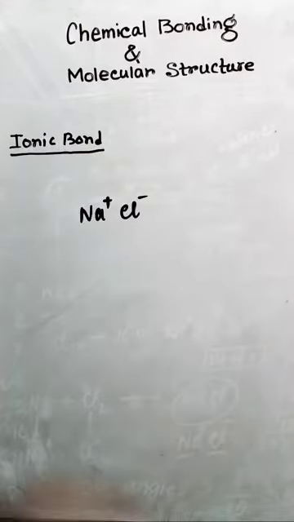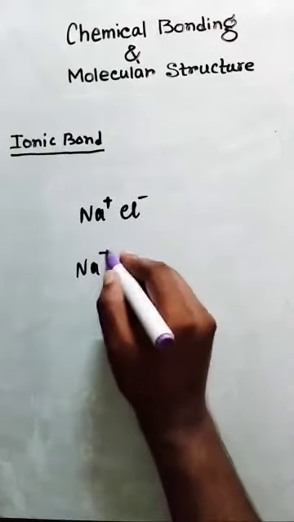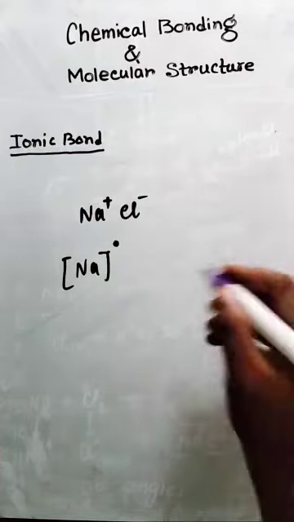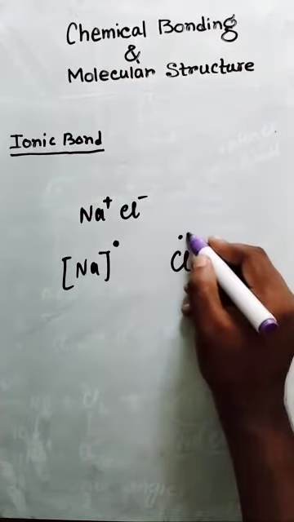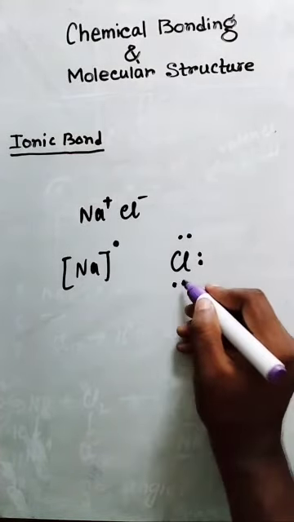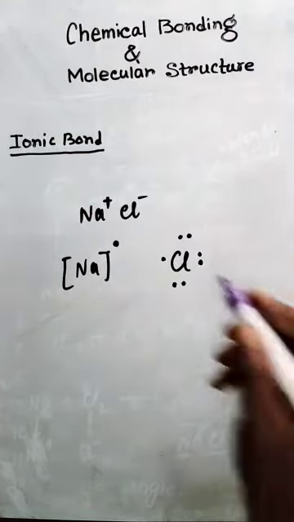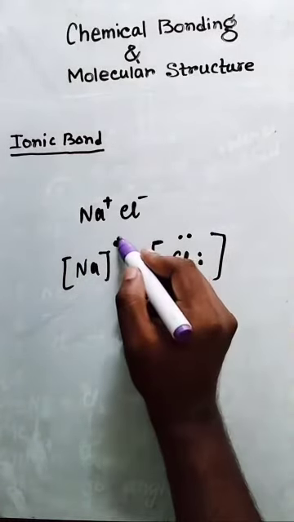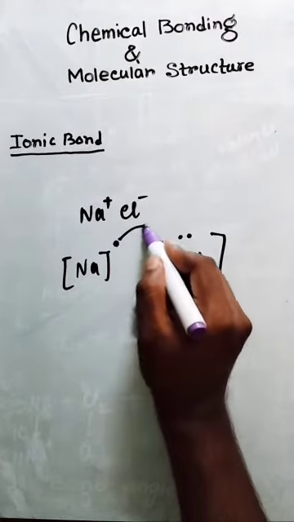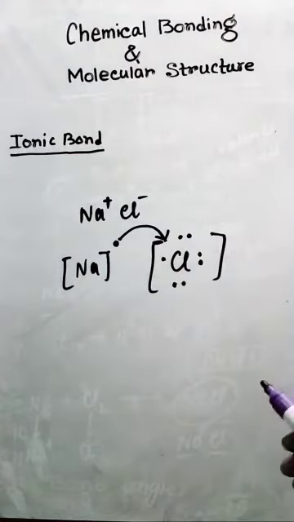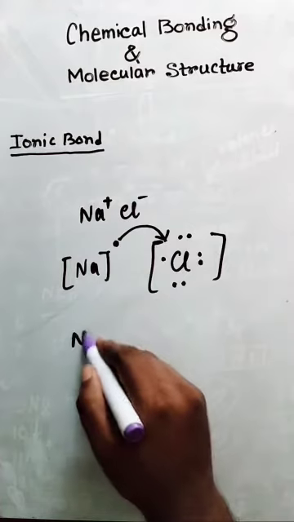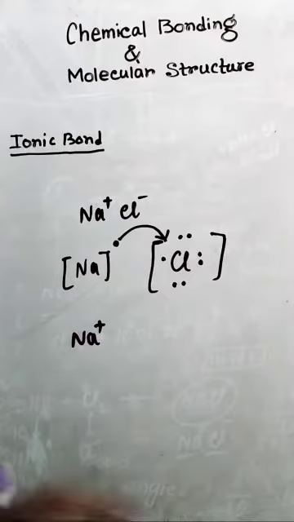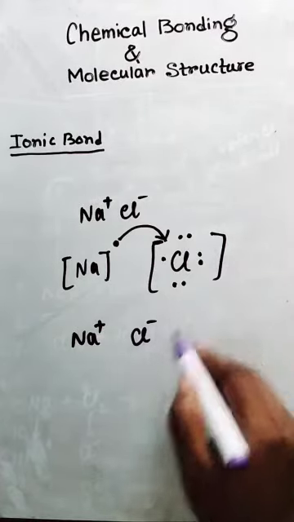That means we can say sodium has 1 valence electron in its valence shell and chlorine has 7 electrons in its valence shell. So when sodium reacts with chlorine, this 1 valence electron, sodium donates to the chlorine atom, and sodium transforms into sodium plus, and after accepting an electron, chlorine transforms into Cl minus.